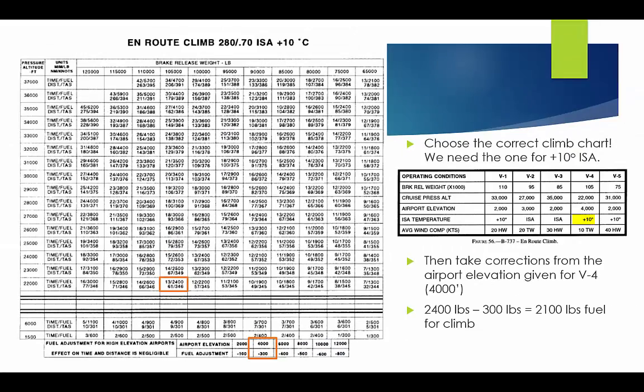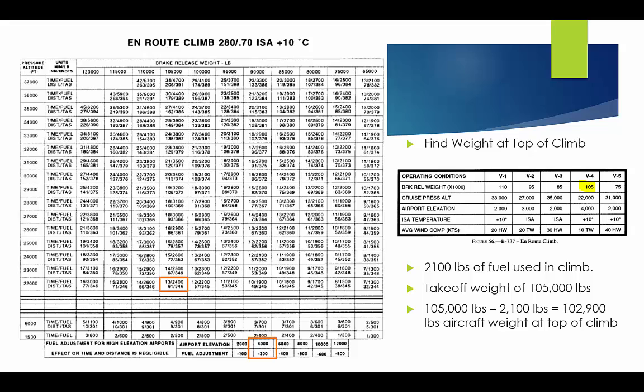So taking our correction, we have 2,400 pounds of fuel burned in the climb. Remove 300 pounds for our airport elevation. That gives us 2,100 pounds of fuel for the climb. But that's not the answer because we need to know our takeoff weight first and take out that fuel used for the climb, since what we want to find out is the aircraft weight at top of climb.